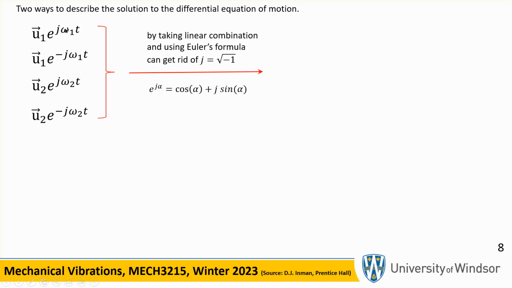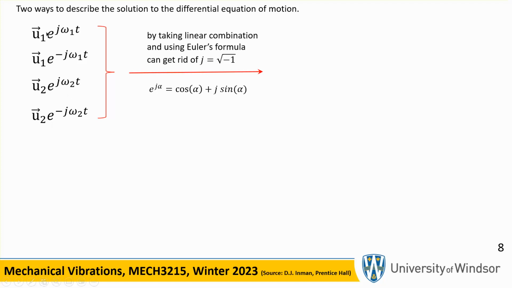You get e to the j omega 1t plus e to the minus j omega 1t. There, you see that the sum of these two is going to be 2 times cosine of omega 1t. And if you add these two, again, you're going to get u2 times cosine of omega 2t.